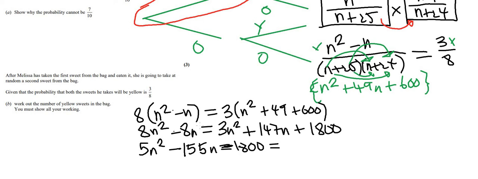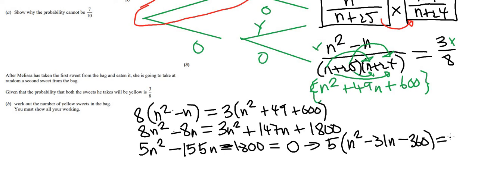On that side we've got 0. Great, now we have an equation we can solve. Let's simplify it by dividing by 5. So we've got n squared minus 31n minus 360 equals 0.